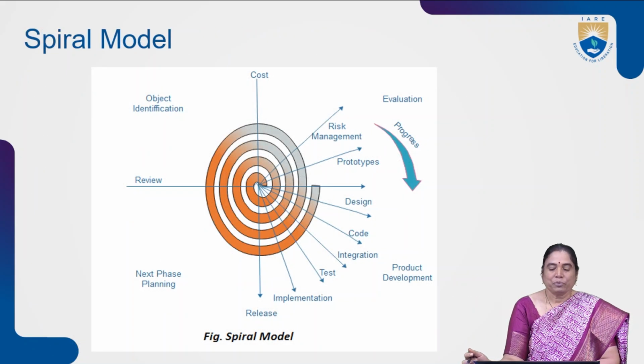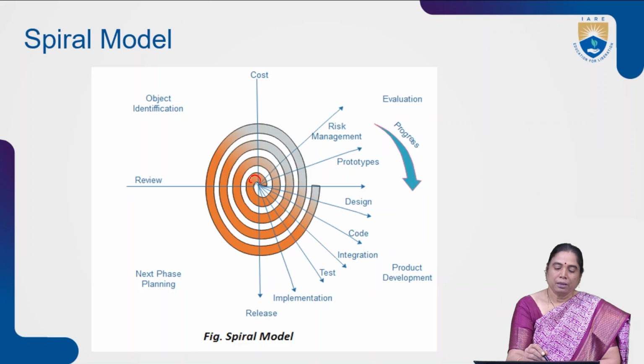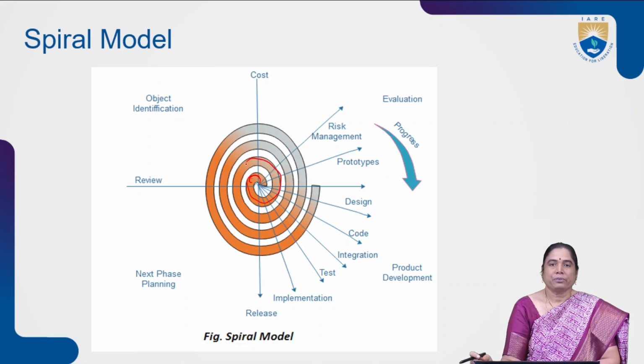So, this is the spiral model, which can generally be followed in each iteration. Some features are delivered to the customer, and for development of this, the linear sequential model activities must be carried out, and it is a risk-driven or risk assessment model.